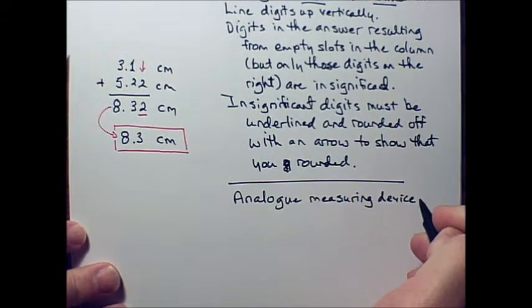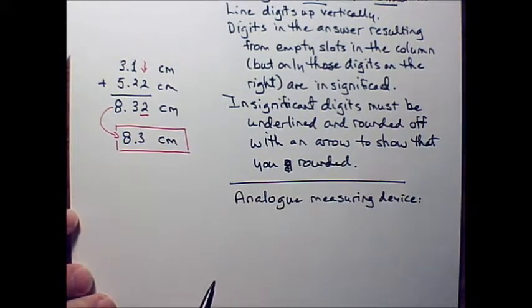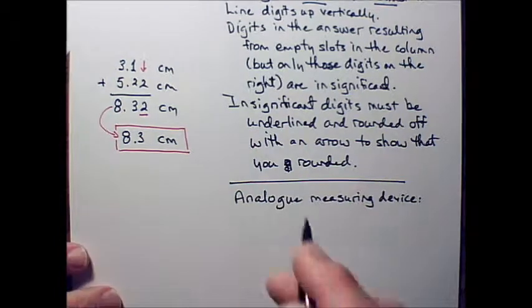This is a real simple definition, and if you get really, really picky about what analog measuring devices are, this will become inaccurate for some things. But for most of the things we do in here, it'll give you a real simple definition of analog, okay? Later on, you may have to learn a better definition of analog, all right? An analog measuring device you can think of as one where you have to figure out what the measurement is, okay?